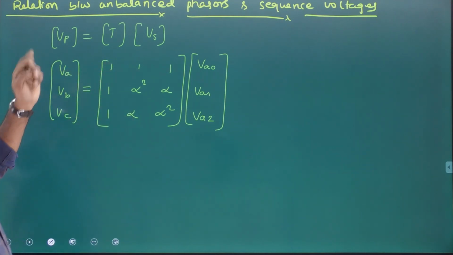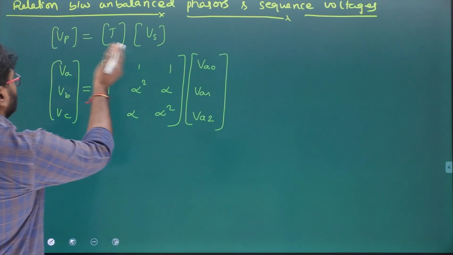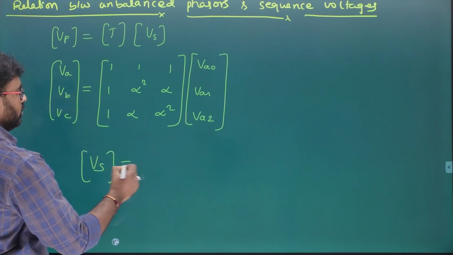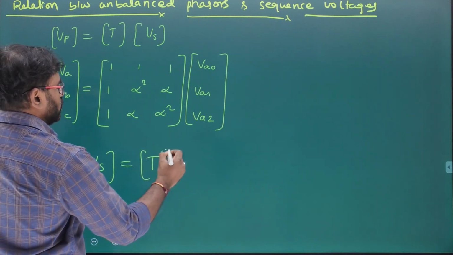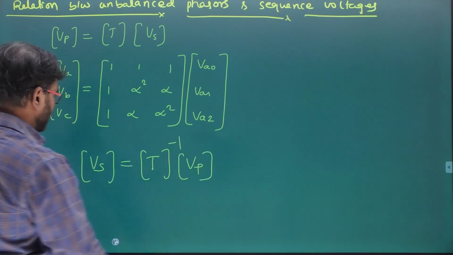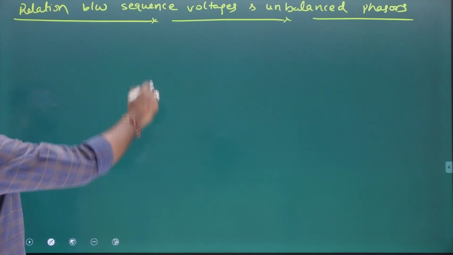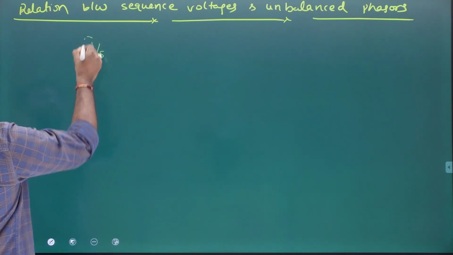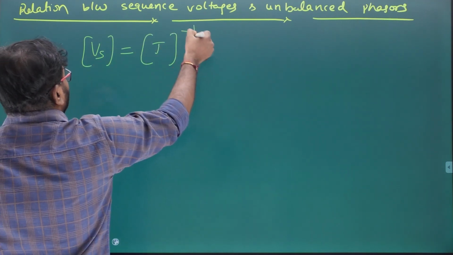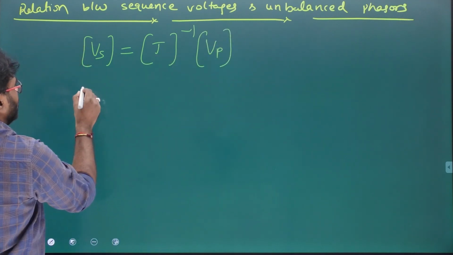So now if you want to write Vs in terms of VP, what can I write now? So Vs can be written as T inverse times VP. Clear? That is the relation between sequence voltages and unbalanced phasors. So what is Vs?